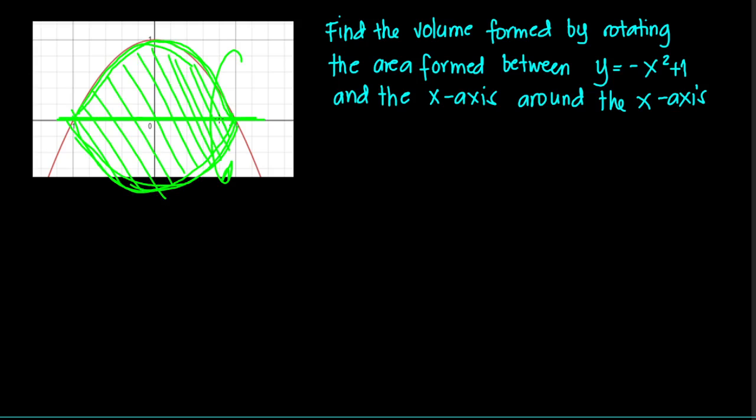First, what is our form for the disk method? You have the integral of pi and then the function given to us, dx, and then squared. What we need this time are your upper and lower bounds. Okay.